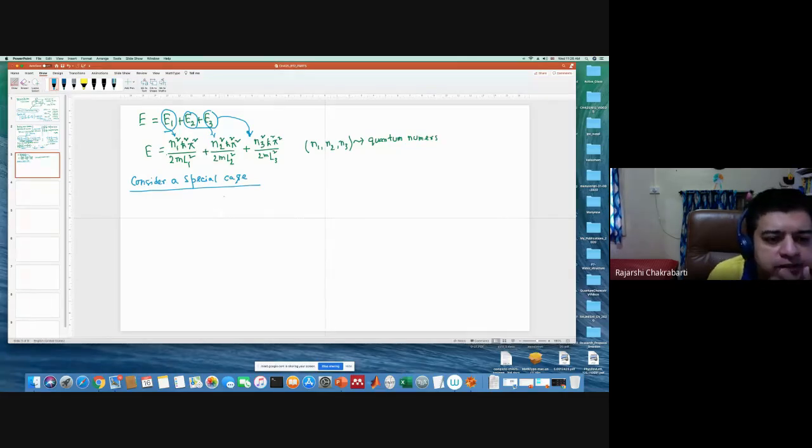Now consider a special case where L1 equals L2 equals L3. I'm calling it L. This is called a cubic box, isn't it?